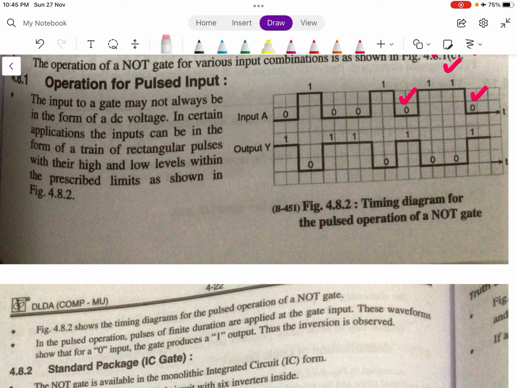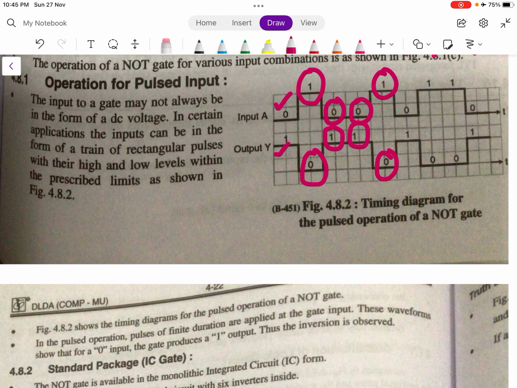If the input is 0, my output will be 1. Corresponding to this 1, I get a 0. So exactly it is the complement.